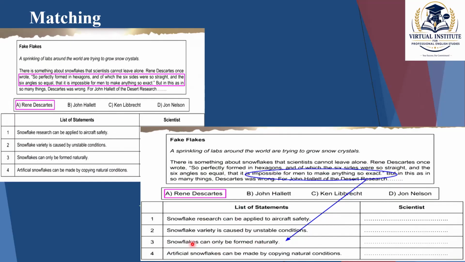So naturally and snowflakes are our keywords, and we have actually found it, right? Naturally, and then something impossible for men to make. So again, it means the same thing, right?